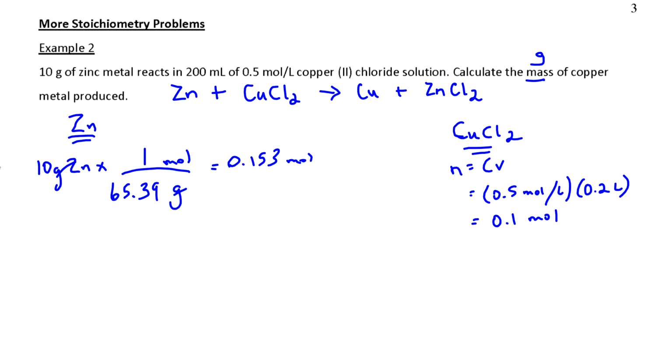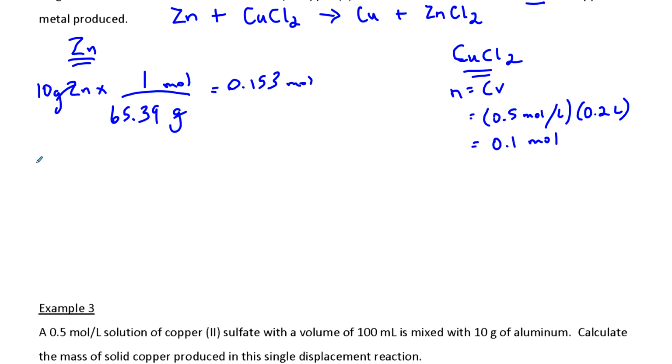And now I'm going to work on figuring out which one is the limiting reactant. I'm converting to copper because that's what the question is asking me for. So I'll start with zinc. I'm going to go from moles of zinc to moles of copper.